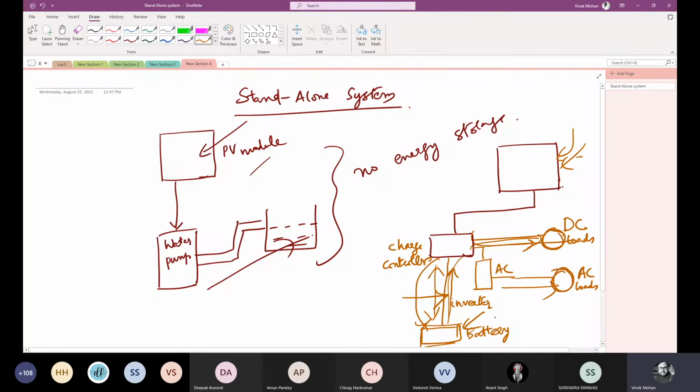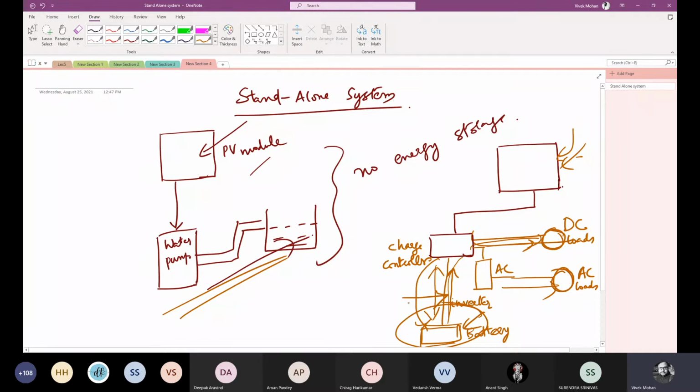Okay, now if we are using grid, then what is the difference? So for a standalone system, it depends on solar power only. These systems can consist of PV modules and load, as shown in the water pump example, or they can include batteries for energy storage, like here. When using batteries, charge regulators are included, which switch off the PV modules when batteries are fully charged, and may switch off the load to prevent the batteries from being discharged below a certain limit.